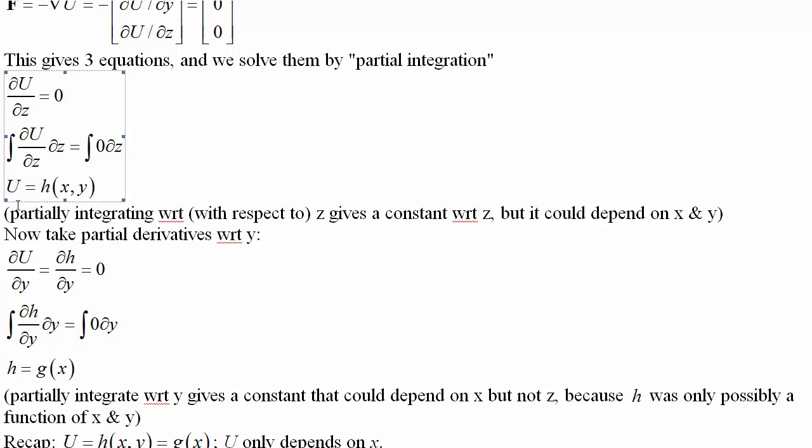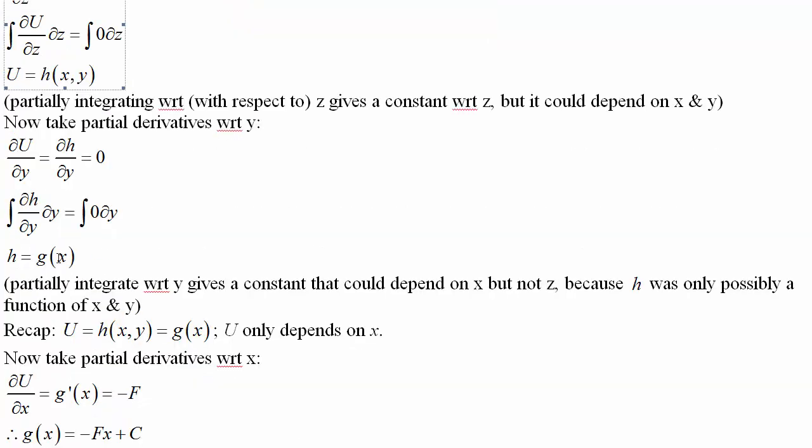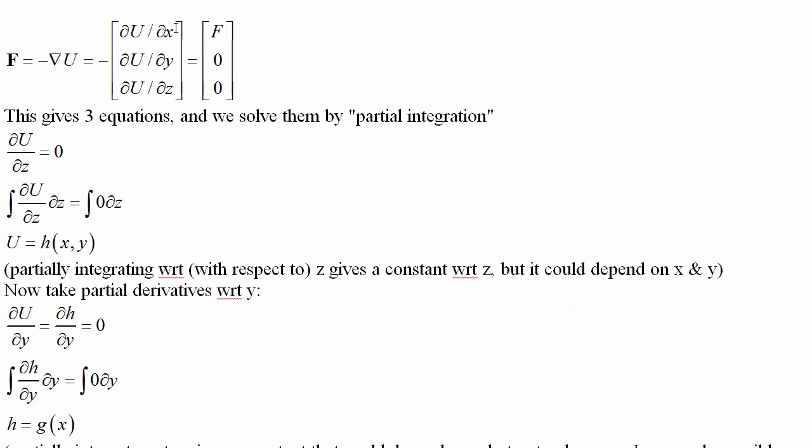Since h depends on x and y, when we integrate with respect to y partially, we add a constant that just depends on x, not on z. We've already established that it doesn't depend on z. Okay, so we know that u equals just a function of x, possibly, so we could take the partial derivative of that with respect to x, and set it equal to the right-hand side of the equation up here.